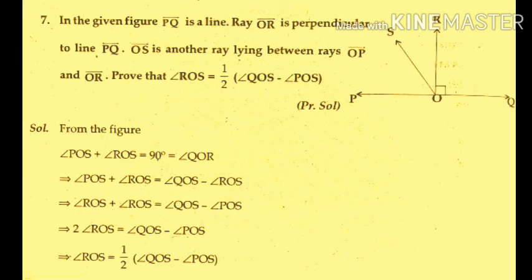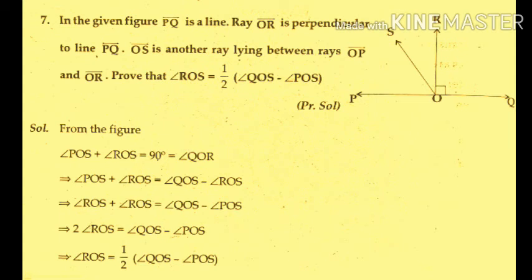Next step, angle ROS, send it to the left side of the equation. It becomes plus angle ROS plus angle ROS is equal to angle QOS, and angle POS move to the right side of the equation. It becomes minus angle POS.